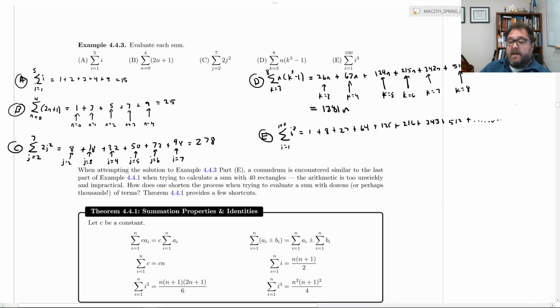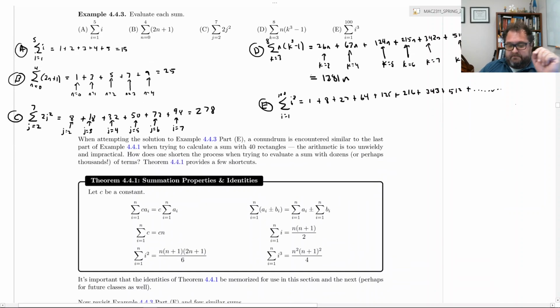So let's look at these properties. The first one, first of all, let C be a constant. What does this first one say? This first one says if you have C times an expression that's indexed, so C is a constant, you can factor it out and put it out front.